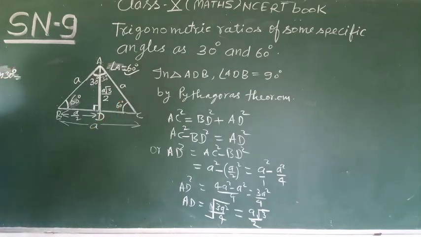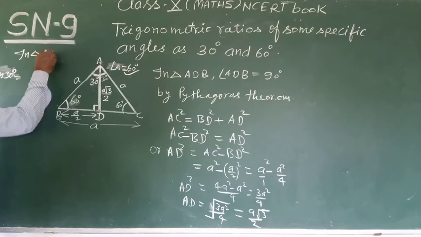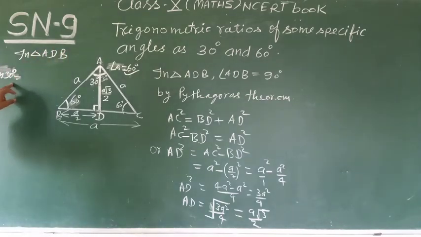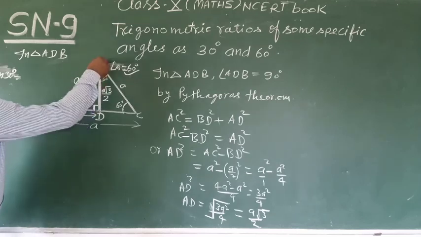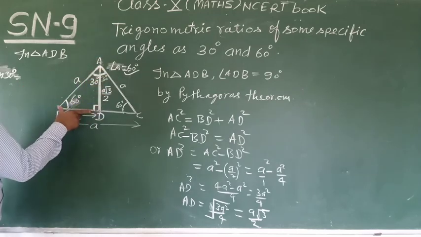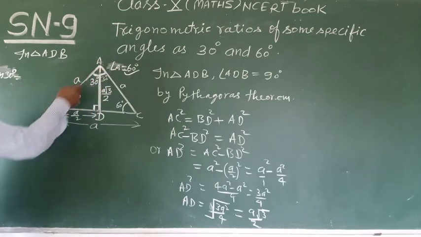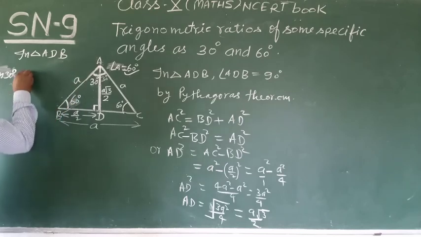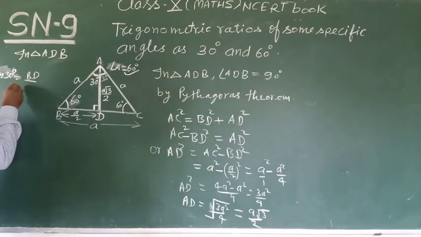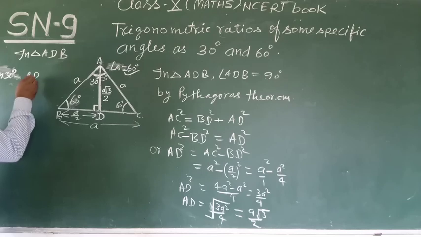In triangle ADB, sin 30 degree is equal to perpendicular by hypotenuse, that is BD by AB.